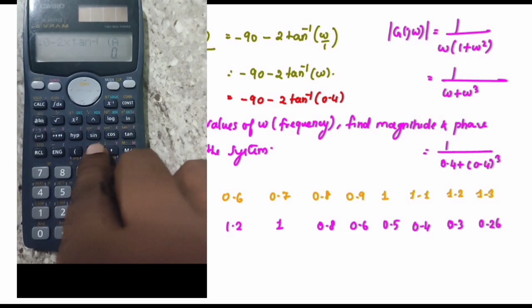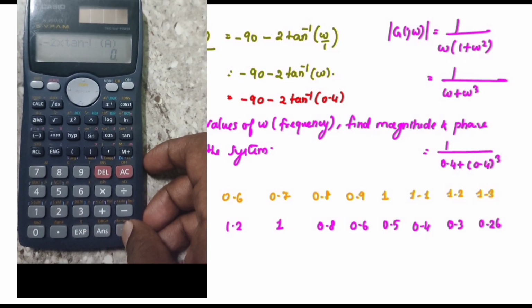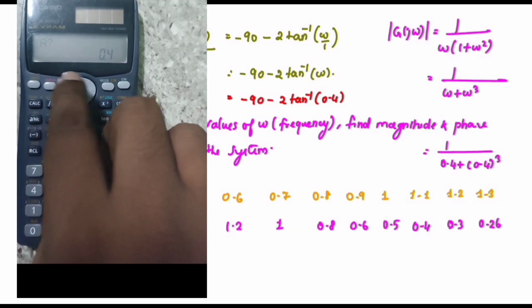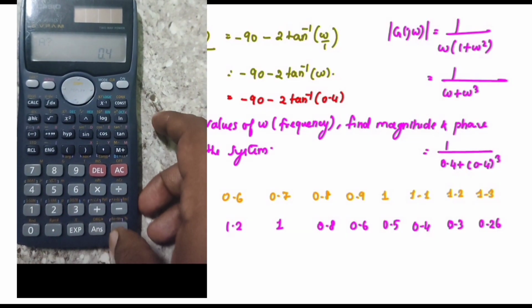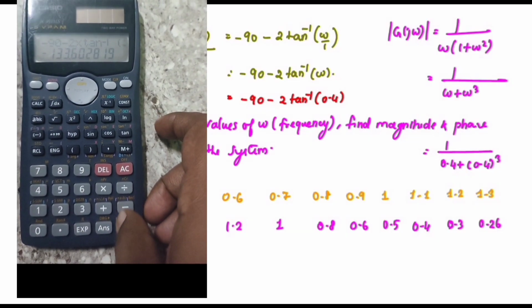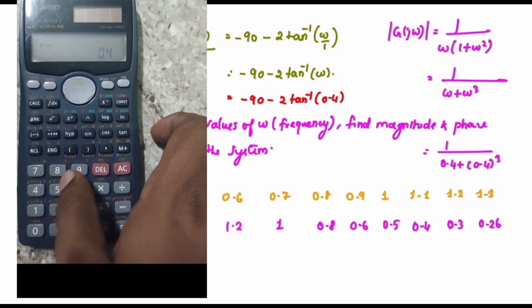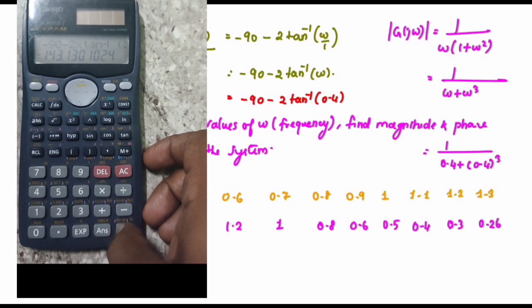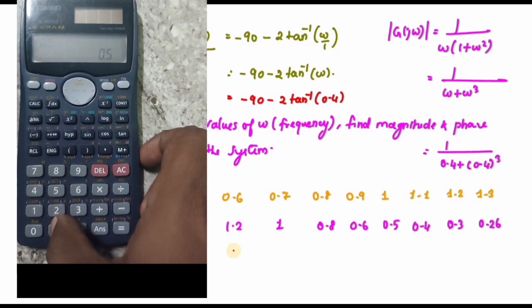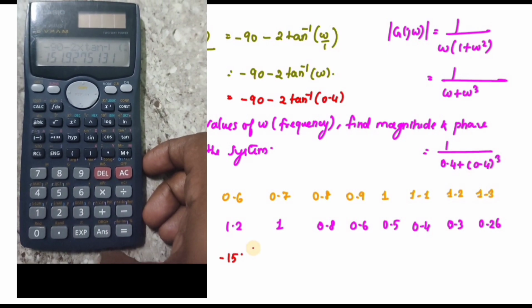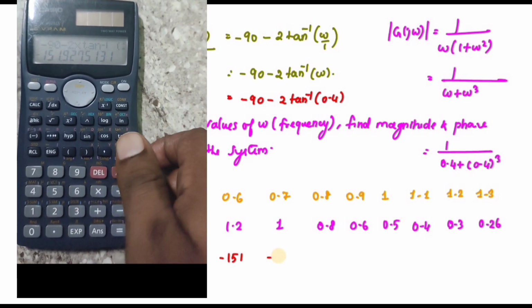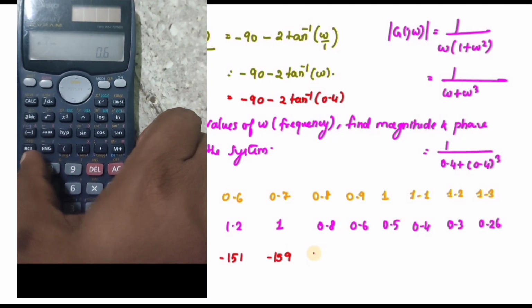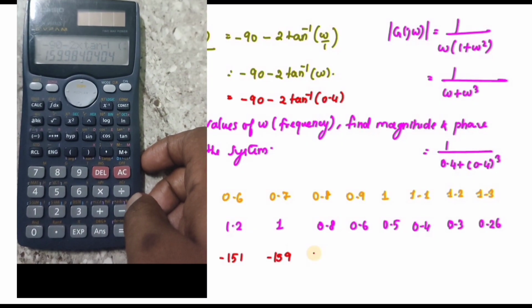If you press calculate and give the value of A as 0.4, you will get minus 133.6. For 0.5, you get minus 143.13. For 0.6, you get minus 151.9. For 0.7, you get minus 160.